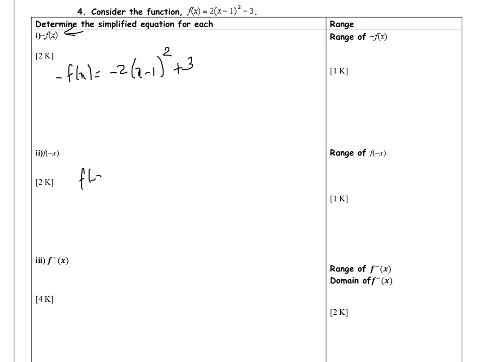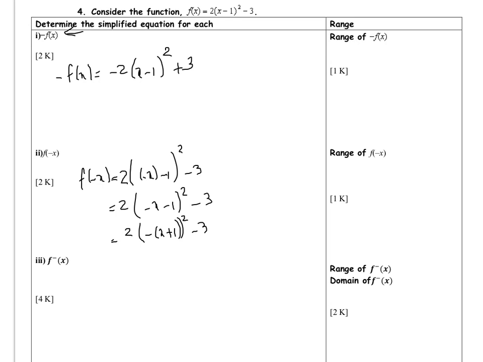So I'm going to say f of minus x is 2 times, instead of x, put minus x, minus 1 squared minus 3, which is going to be 2 times negative x minus 1 squared minus 3, or you can go one step further, you can factor out negative, so you get 2 times negative x plus 1 squared minus 3, but negative to the power of 2 gives you positive, so you get 2 times x plus 1 squared minus 3. So if you leave it like this, you're okay. If you leave it like this, you're still okay.